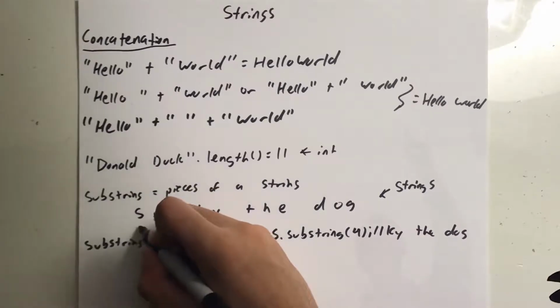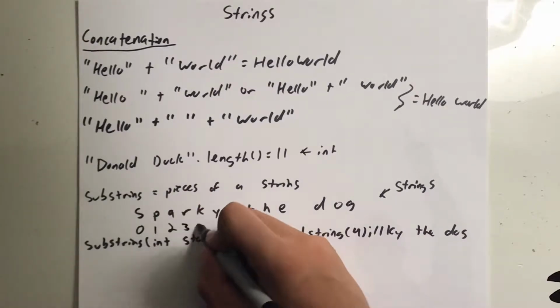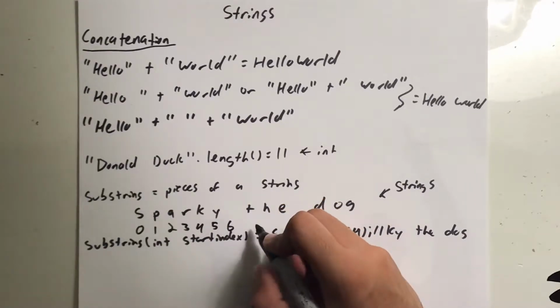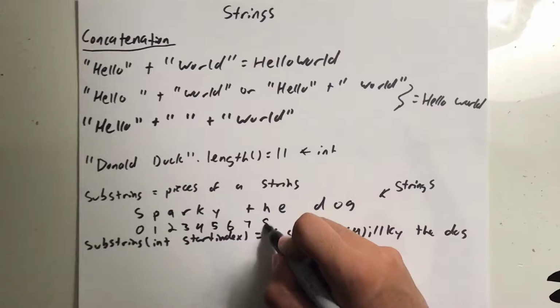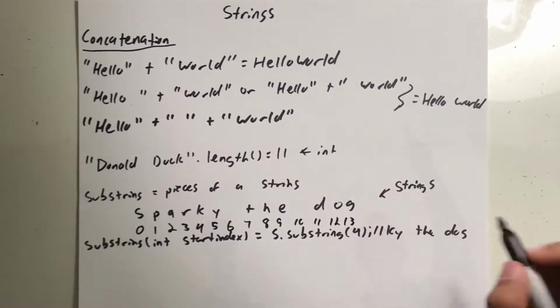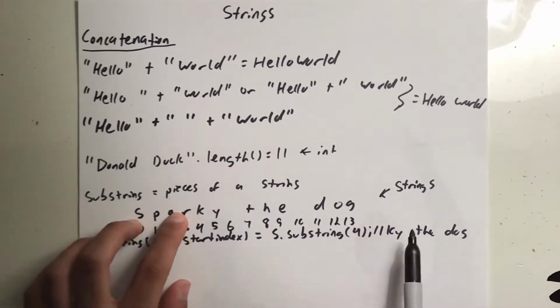So this S is at 0. This P is at 1, 2, 3, 4, 5. The white space also gets counted. It's part of the string. 7, 8, 9, 10, 11, 12, 13. So we start at 4, and we print everything out from there, which is "ky the dog."